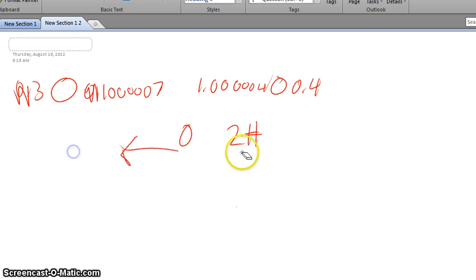If it's not, you can continue on to the trick I told you. If it is, and the other one's not, the one with the whole numbers is greater. So this one has 1.00004 versus 0.04. 1 is greater than 0.04.